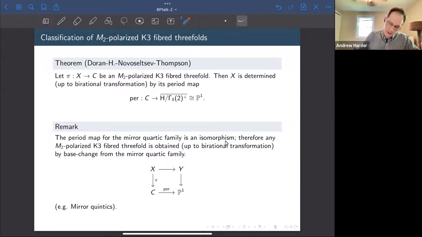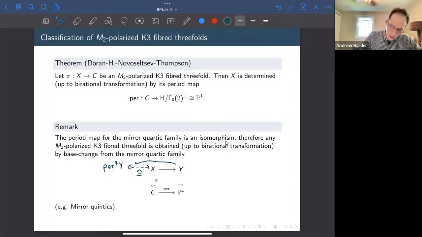Since the period map of the mirror quartic family is an isomorphism, this is something that is checked: any M2 polarized K3 fibred threefold is obtained, up to birational transformation, by base change from the mirror quartic family. So really what I should have drawn is this period map. I take a pullback of Y, and then I have a birational isomorphism to any X. So there's always such a birational map. That's really the statement.